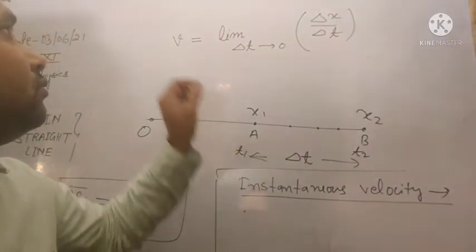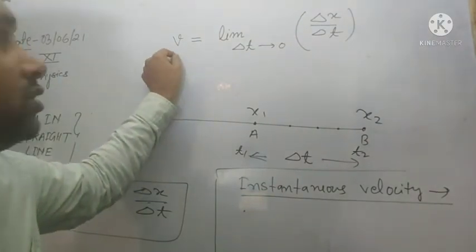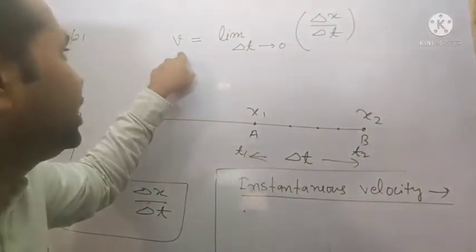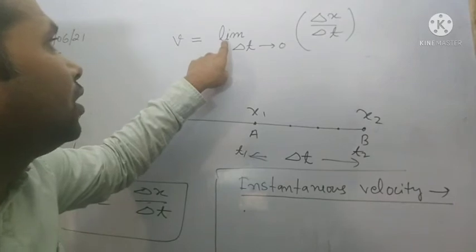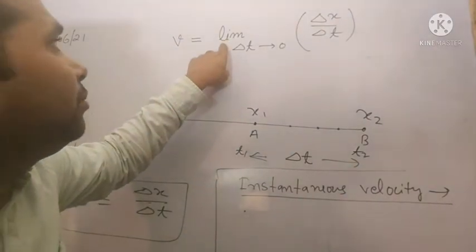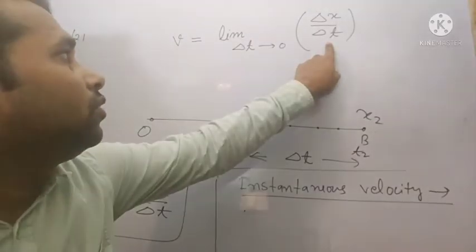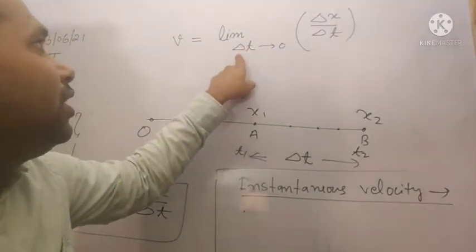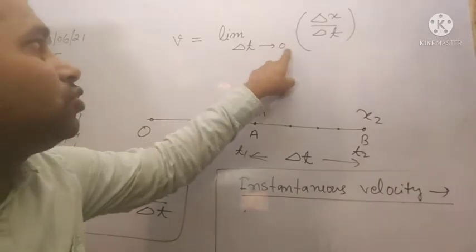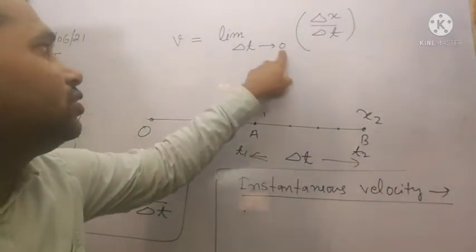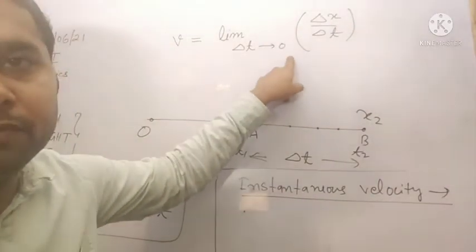So just see here what is the meaning of instantaneous velocity. Instantaneous velocity is defined as the limiting value of average velocity for this time interval approaches zero. Approaches zero means कह सकते हो tends to zero.